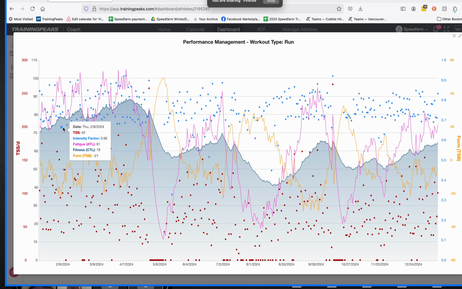So we can glance through Martin's chronic training load progression here, and we can see here's a period from the 20th of January to the 25th of February where his acute training load was higher than his chronic load, and therefore he was below 0 down here for form.